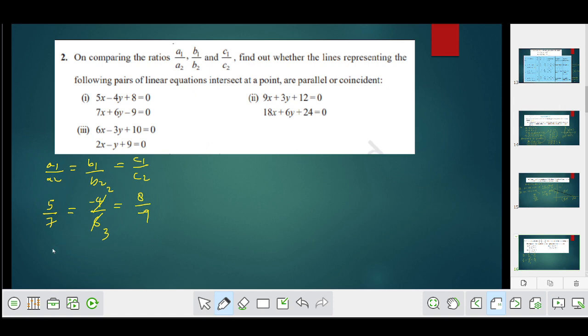Can you say that these are equal? No, these are not equal. If these are not equal, what will it be? That means it has a unique solution, because the lines intersect each other. Unique solution.